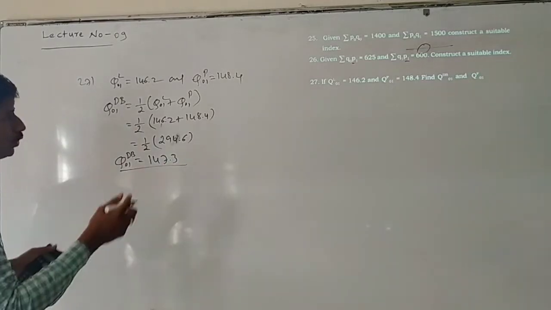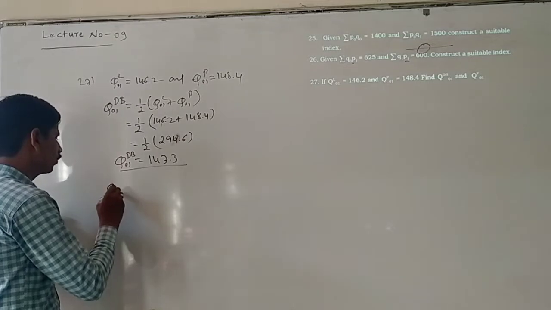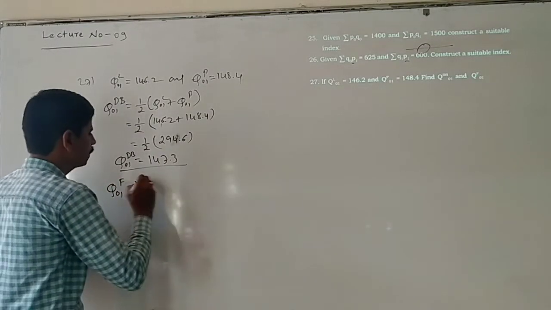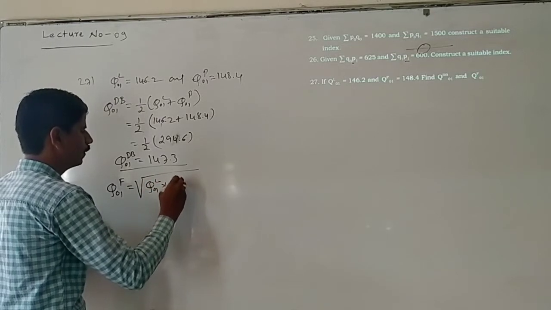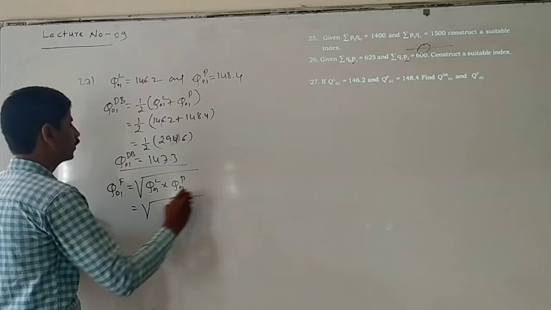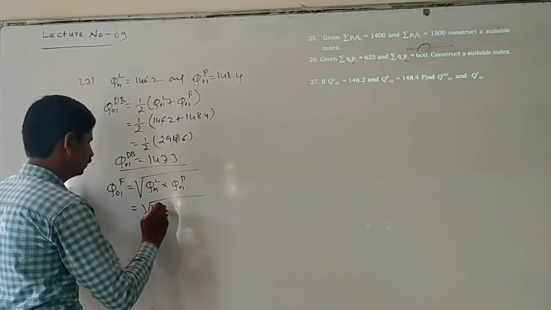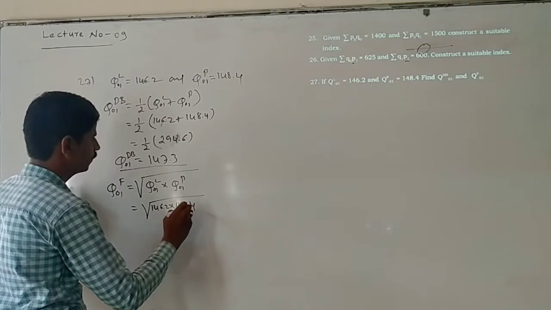Next, you have to find Fisher's Q01F. Apply the formula. Q01F, Fisher, is the geometric mean of Laspeyres and Paasche, that is under root of Q01L into Q01P. Q01L is 146.2 and Q01P is 148.4.